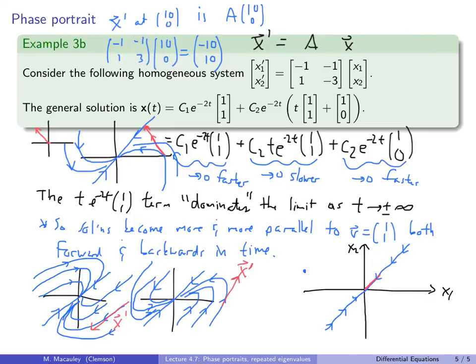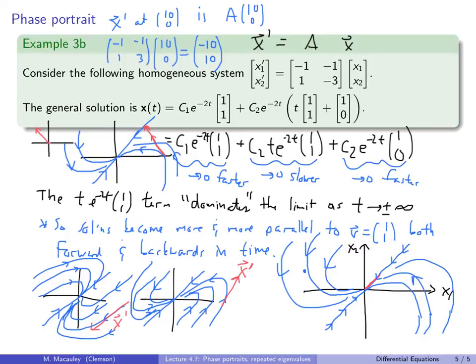So let's see if I can draw over here what this phase portrait looks like, and then eventually these curves are going to bend and in the limit be parallel to this line here. So let's try that again. Something like this, and that, and that. Okay, so this is what this phase portrait looks like.